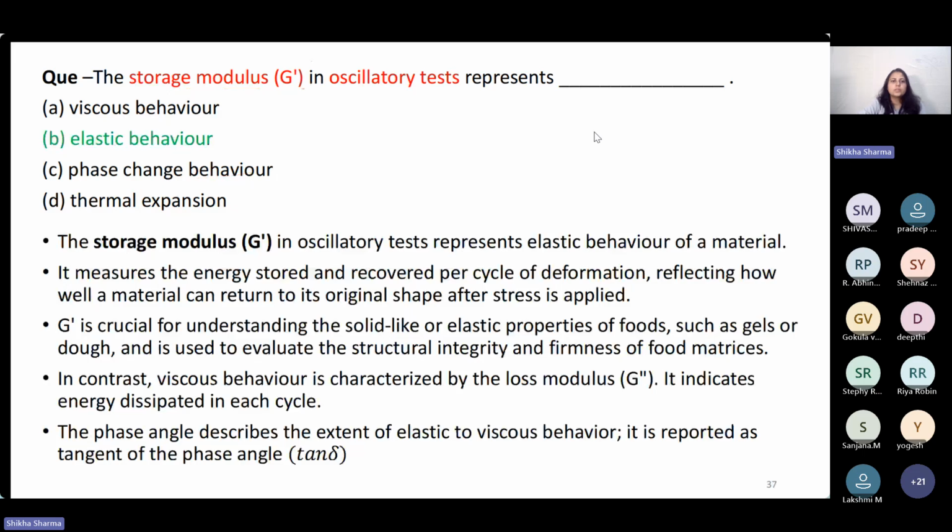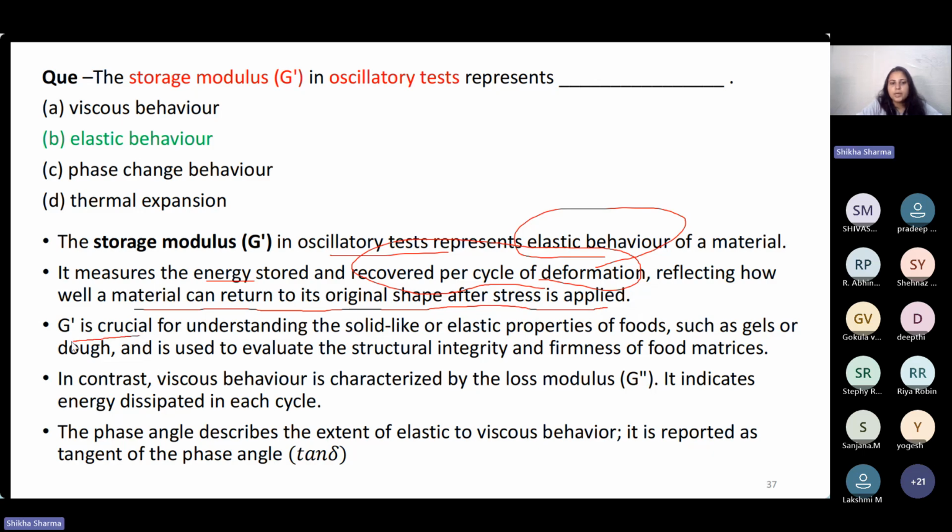So the elastic behavior is correct. The storage modulus, which is G prime in the oscillatory test, represents the elastic behavior of a material, where the energy is stored and recovered per cycle of deformation, reflecting how well a material can return to its original shape after stress is applied.